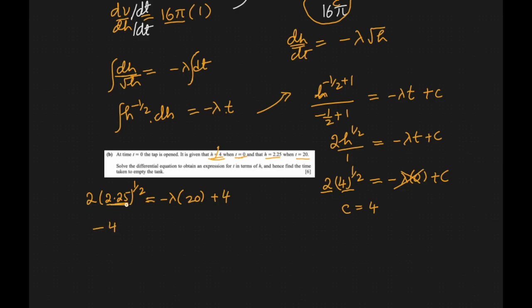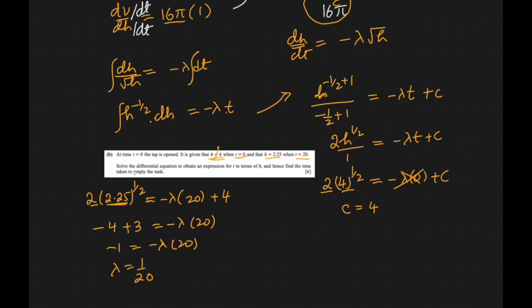The square root of 2.25 is 1.5, times 2 will be 3. So plus 3 equal to minus lambda times 20. Yeah. So minus 4 plus 3 is minus 1, equal to minus lambda times 20. So lambda is 1 over 20. Okay.